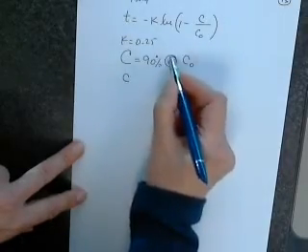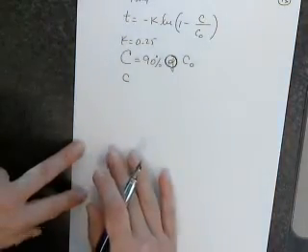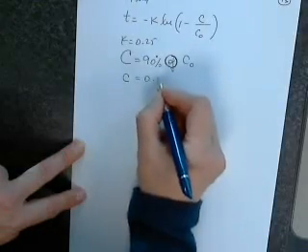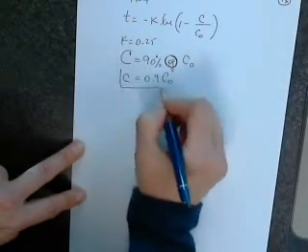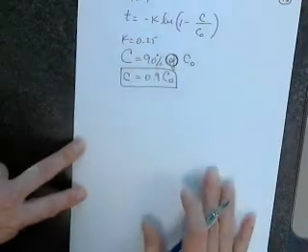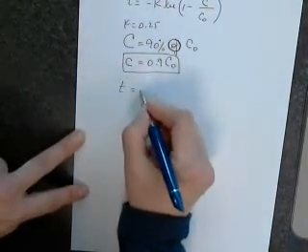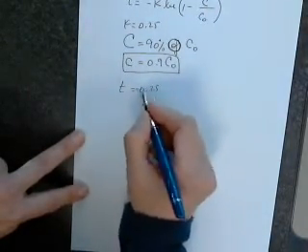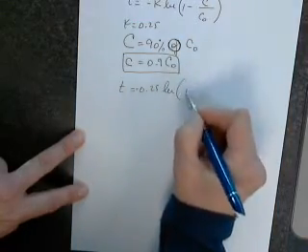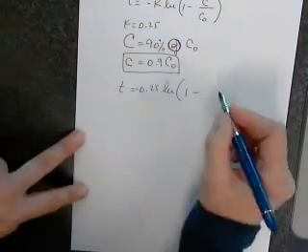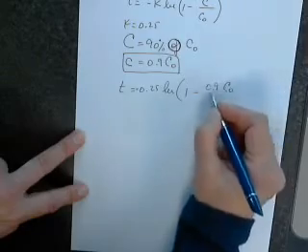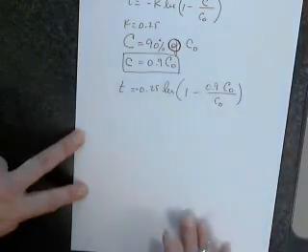What does of mean? Very good. So C equals 0.9 times C0. So T equals 0.25 with minus in front. Natural log 1 minus C is 0.9 C0 over C0.